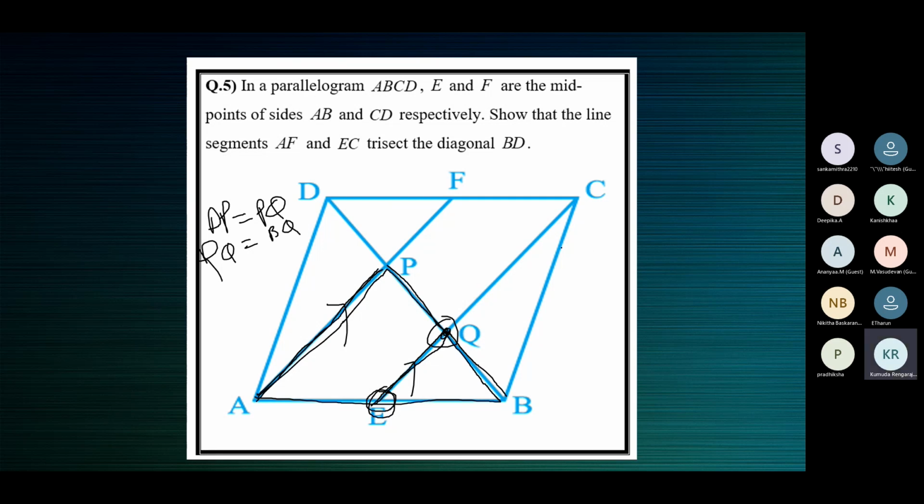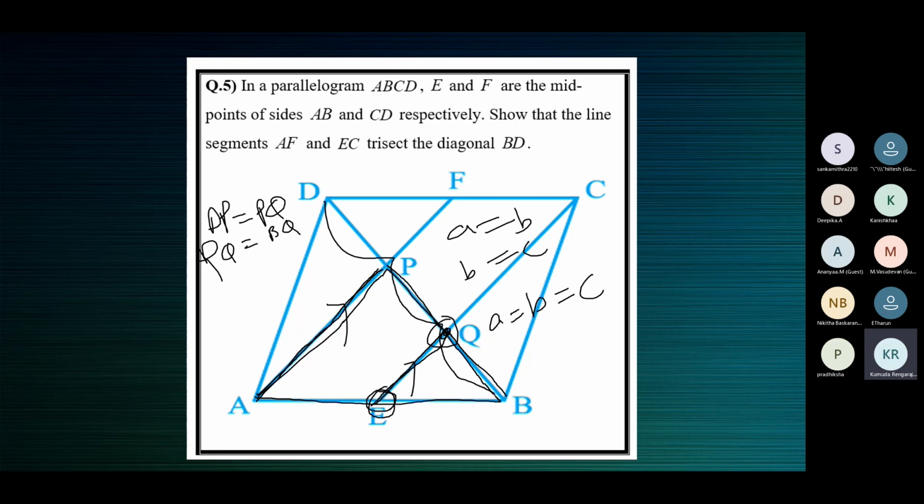So we have a result like this: A is equal to B and B is equal to C. So that means A is equal to B is equal to C. So if DP is equal to PQ is equal to QB, that means it's trisected. If you have a ribbon 15 centimeters long and you cut it into 3 equal pieces of 5 centimeters each, that means you've trisected.